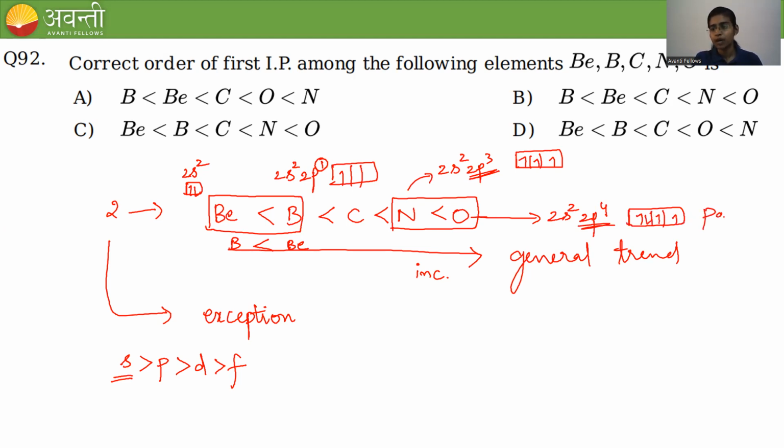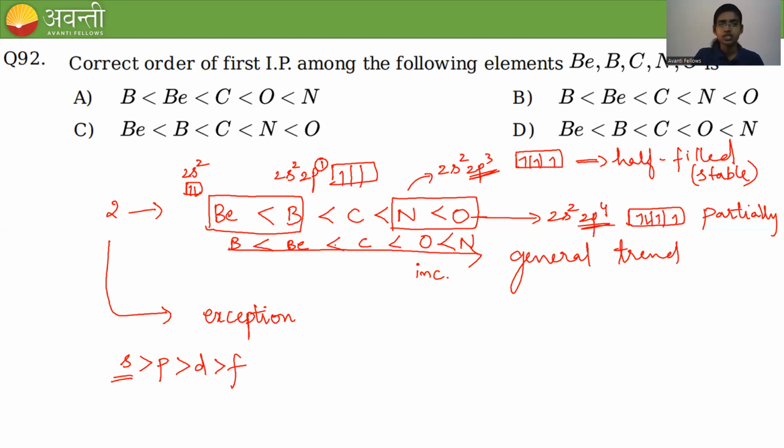So oxygen is partially filled and nitrogen is half filled. Which configuration is more stable? Half-filled configuration is more stable, right? So the energy required to remove an electron from the more stable configuration is more. So nitrogen requires higher energy than oxygen. And in between, carbon is there. So this should be the correct order. This is that exception.